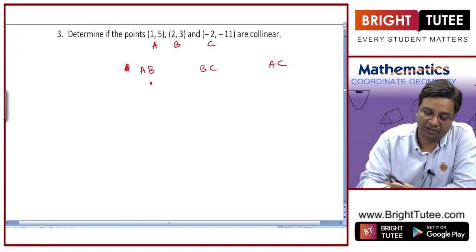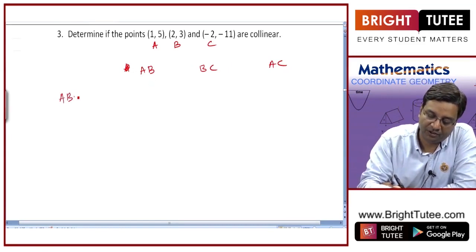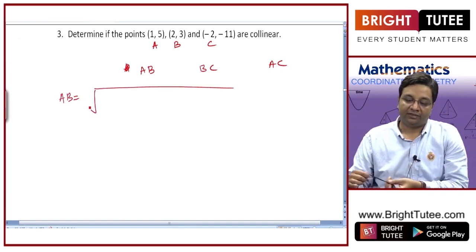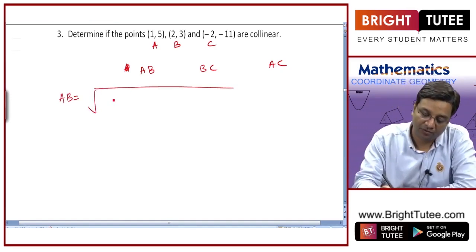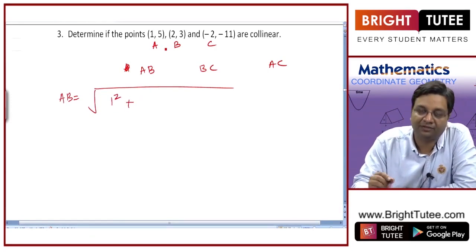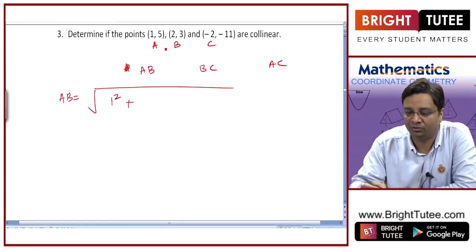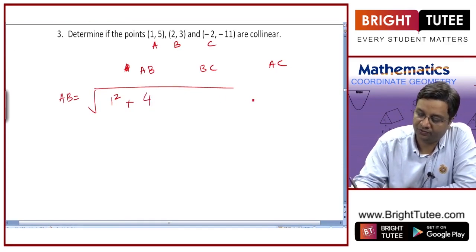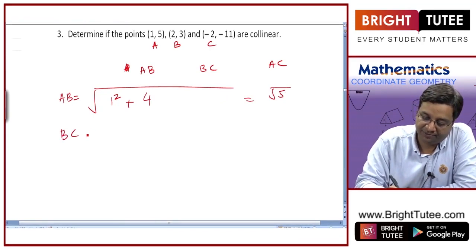So let's calculate what is AB. What is distance AB? Square root of (2 minus 1) squared, which is equal to 1 squared, plus (3 minus 5) squared, which is equal to minus 2 squared, which is equal to 4, right? So root 5.